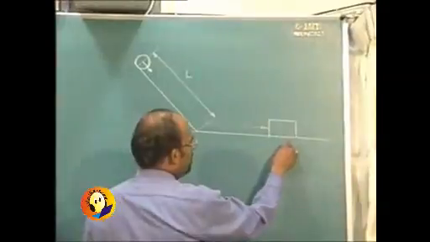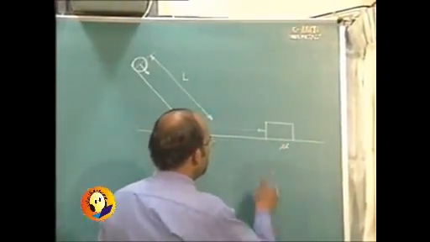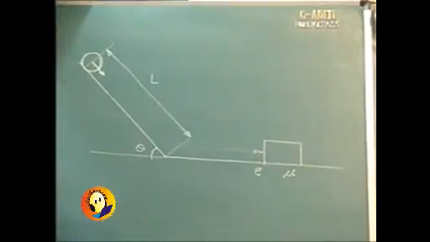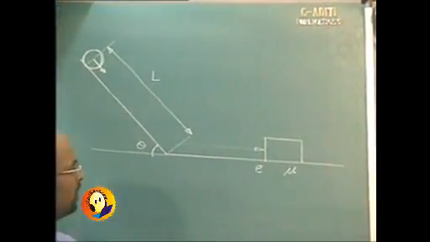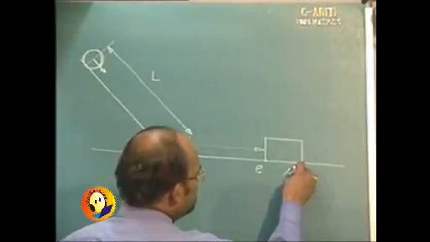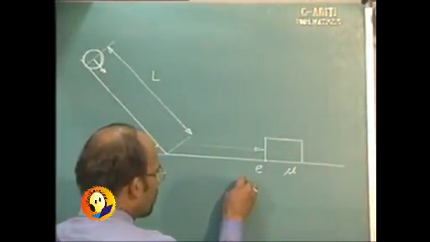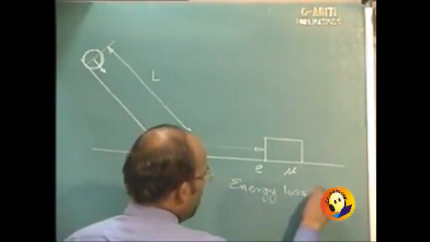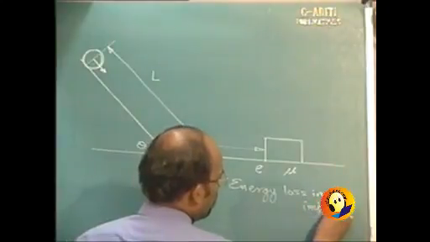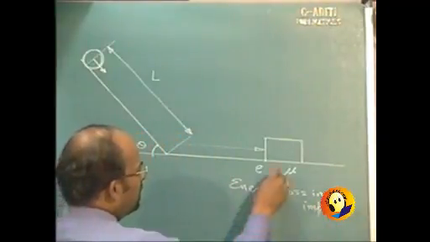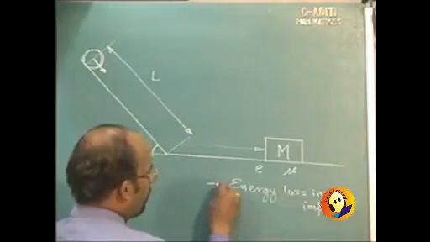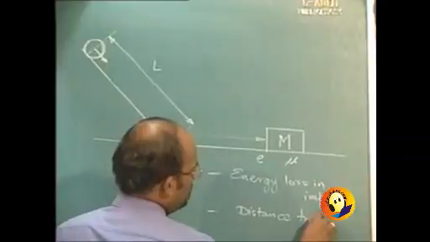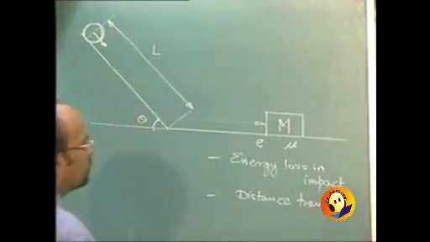We are given the coefficient of friction, and we are also given the coefficient of restitution, and we are required to determine what is the energy loss in impact, and then the distance travelled by the block.